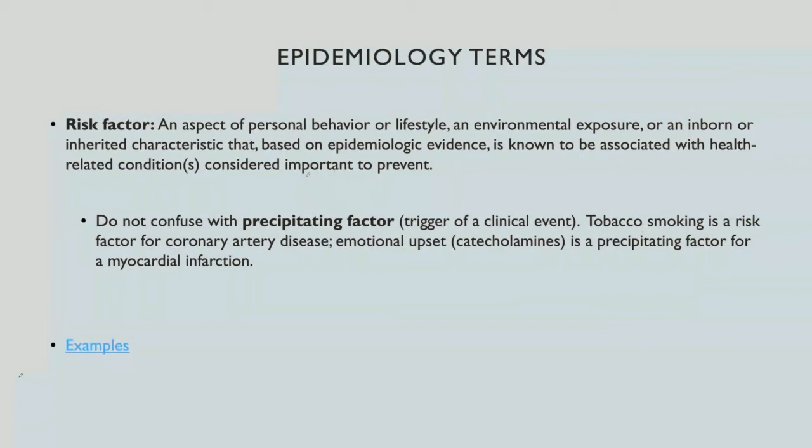Some of them can be modified, some of them are not yet. This relationship is based on epidemiologic evidence. If someone inherits a mutation, we cannot change that, not yet.